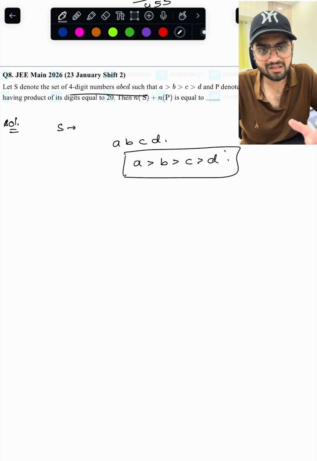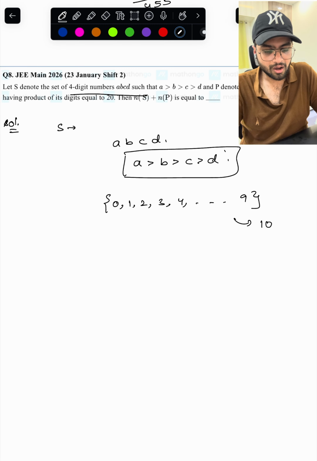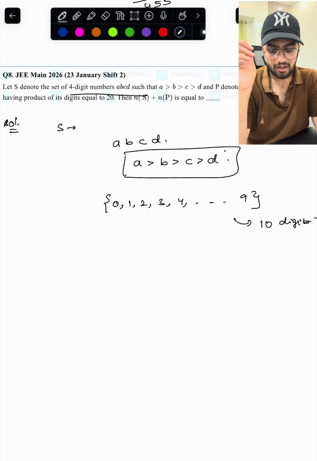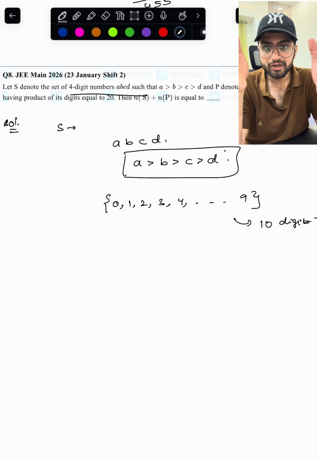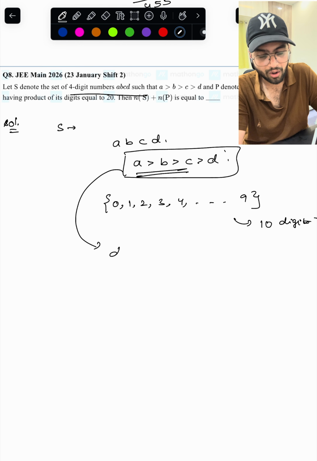Any number can be formed using the digits 0, 1, 2, 3, 4 and so on up to 9. How many digits are available? 10 digits including 0, right? Now we need to form a 4-digit number, and this inequality indicates that all 4 digits must be distinct.